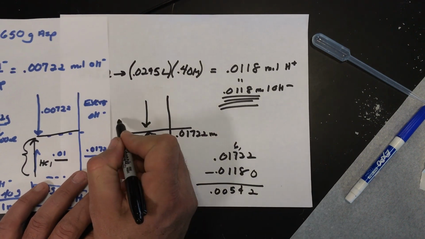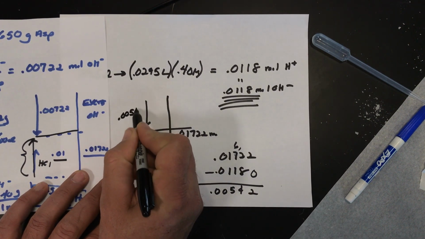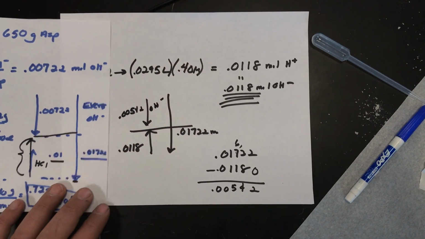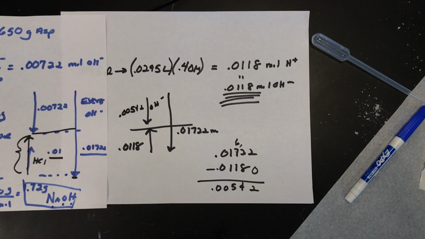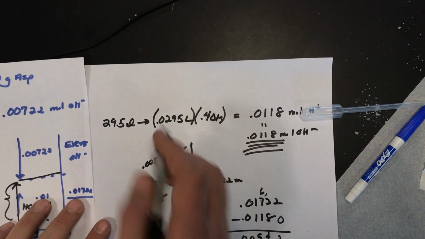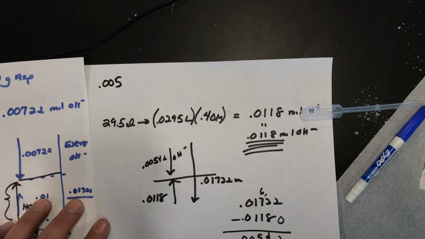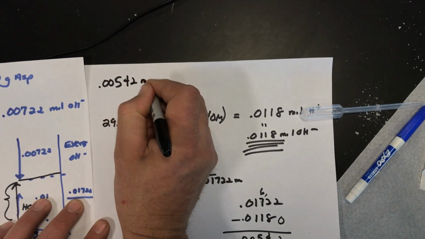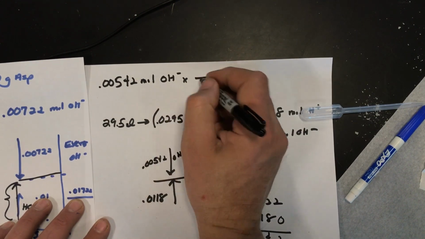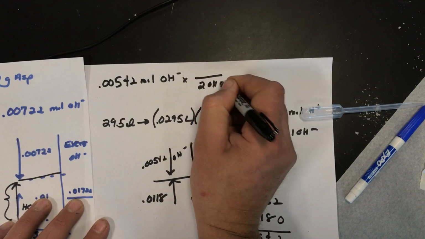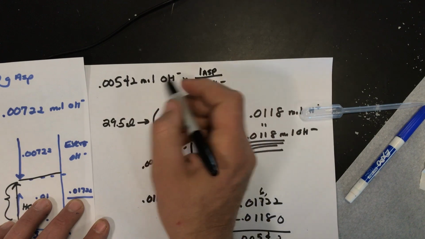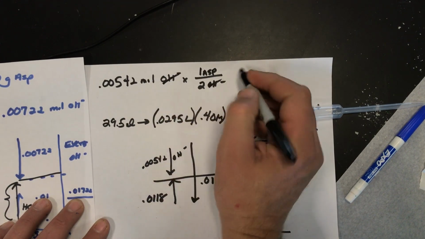That, my friends, is the moles of hydroxide that was needed to neutralize your aspirin. So let's do the stoichiometry. 0.00542 moles of hydroxide. What do we know? Isn't there 2 moles of hydroxide needed for 1 aspirin? Yeah. So I divide by 2. I got moles of aspirin.